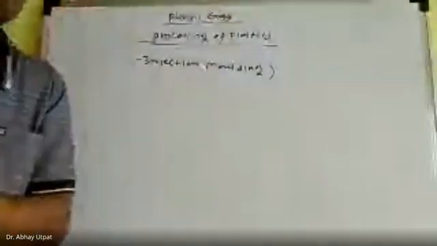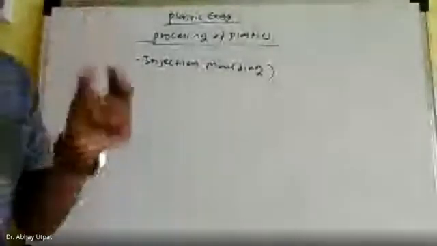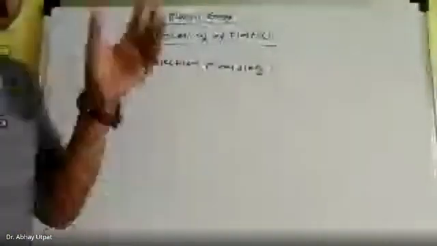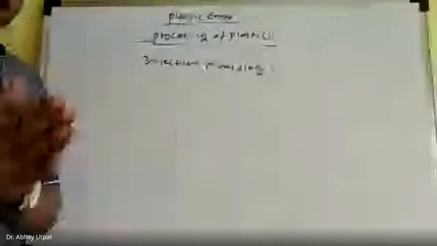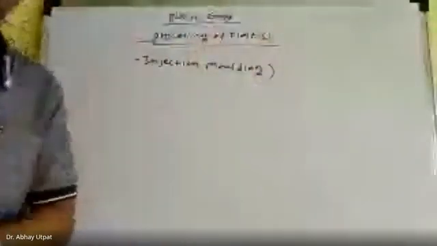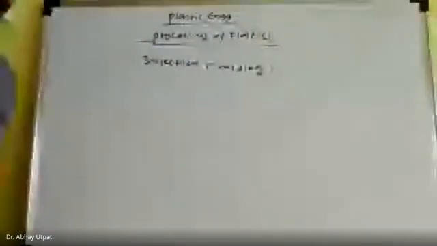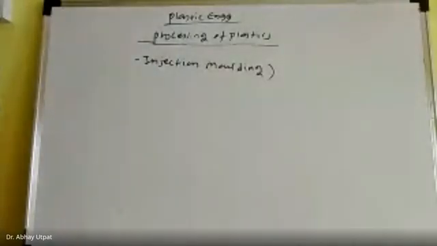There are different machines, so you may manufacture small components. But the component size does not decide the size of the machine. Even for a small component, the machine may be of larger size. We can call it the capacity of the machine, because how large a component and how many components you are going to manufacture is decided by the machine capacity.